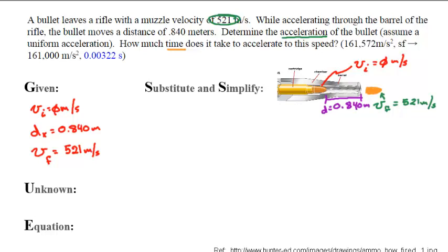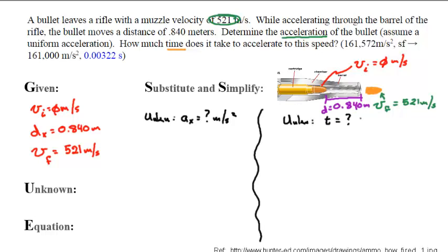Well, once again, I'm trying to solve two problems, so I'm going to divide my paper up. In the first one, my unknown is acceleration in the x, that's going to be in meters per second squared. And my second problem, my unknown, is going to be time. And that's going to be in seconds.